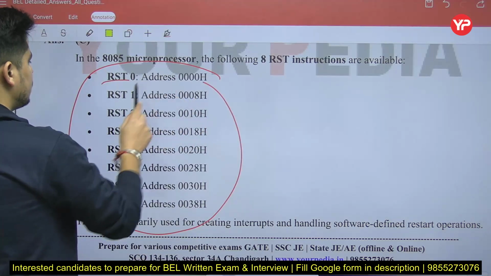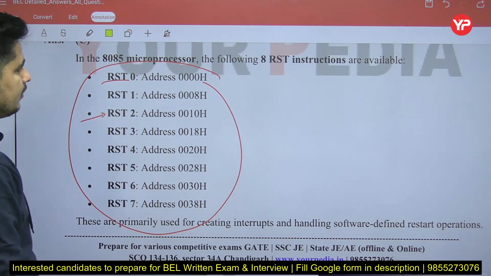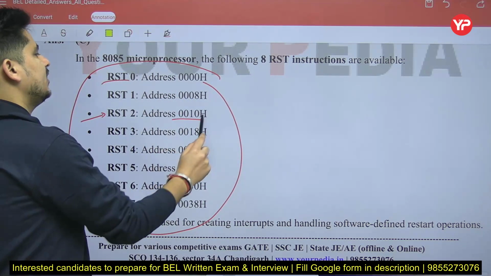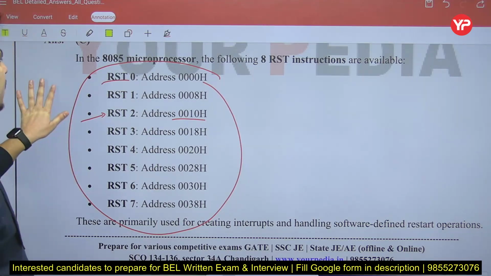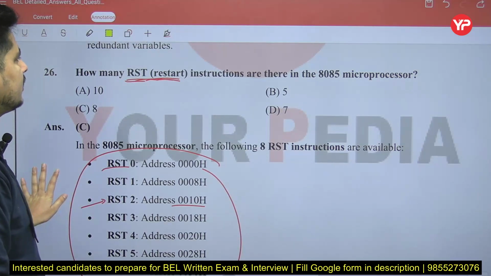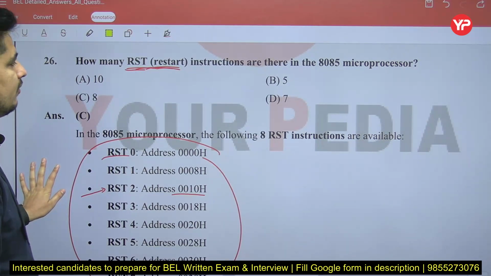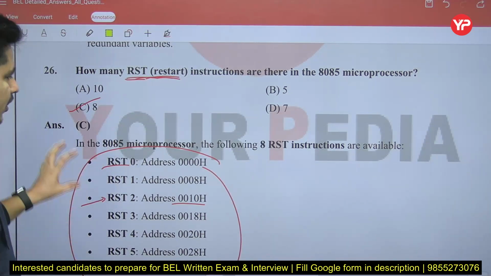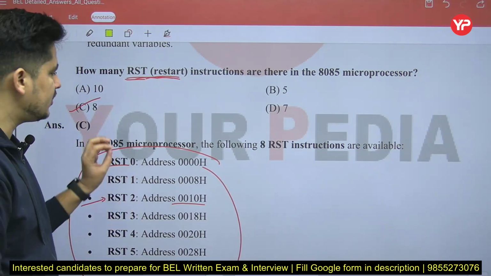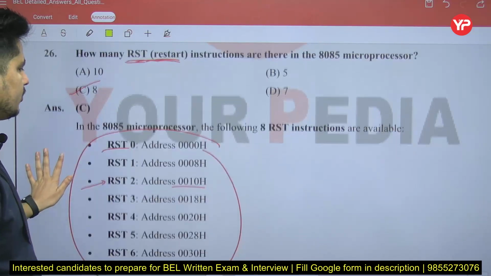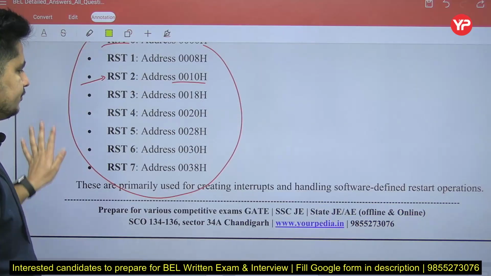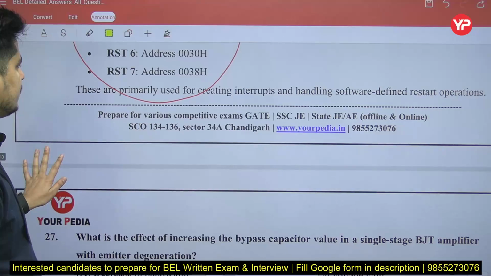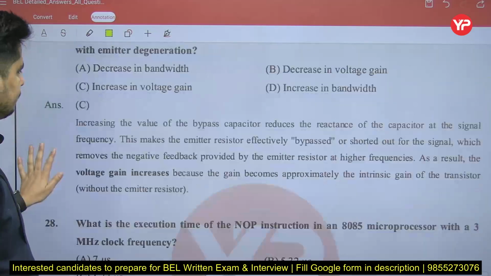If there is an RST 2 interrupt, it will go to this address. He is asking how many restart instructions are available in 8085. That will be 8. For each restart instruction there is an address specified, and it will go to that address after receiving that interrupt.